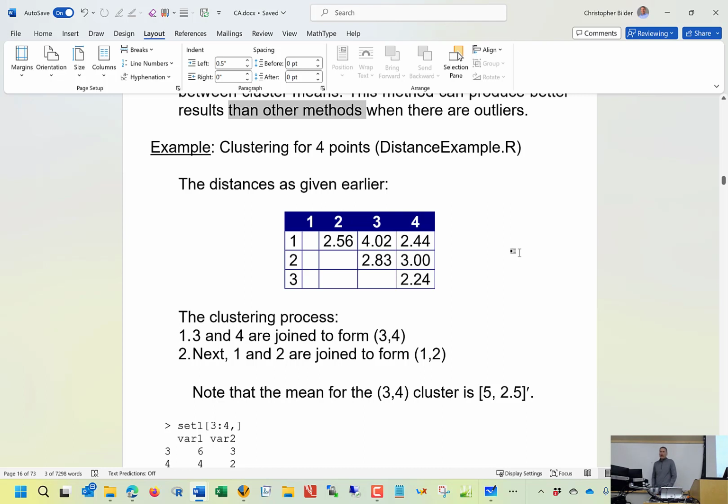Here are the distances that we have for that 4-observation example again. Once again, we're trying to find what's the smallest distance. That distance is 2.24, so observations 3 and 4 are going to be joined together.